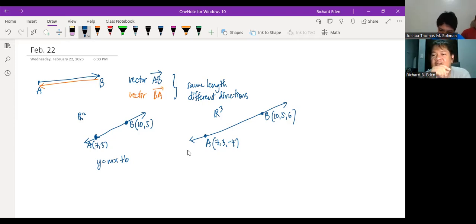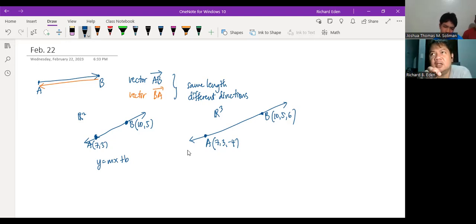Also, another place where zero enters the discussion in the realm of real numbers is this: you know how 7 plus -7 is equal to 0. So zero is what you get when you combine two numbers which are negatives of each other. If you look at this figure, you have vector AB and you also have vector BA.